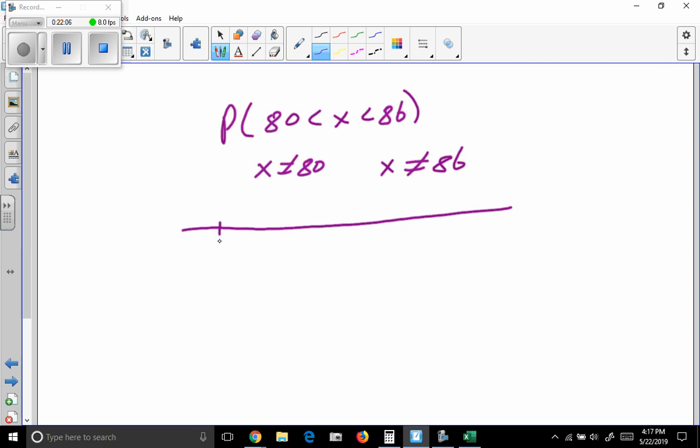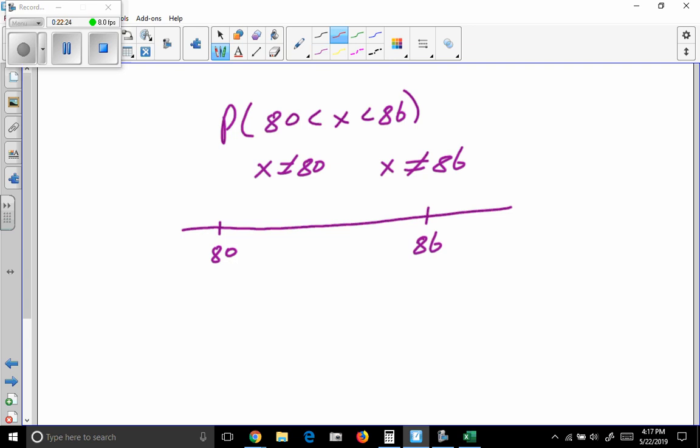So if we look on a number line, for the binomial, which is discrete, this would include 81, 82, 83, 84, and 85. It would not include 80 or 86.